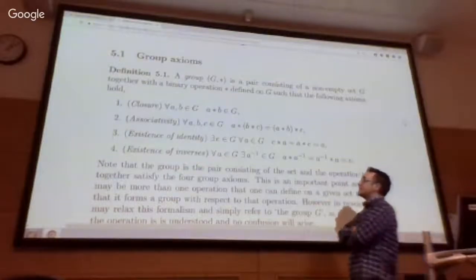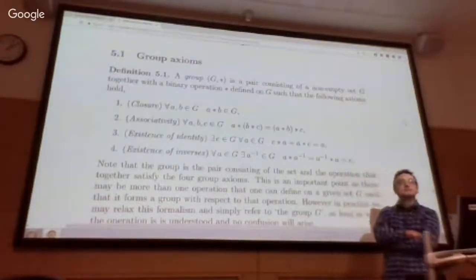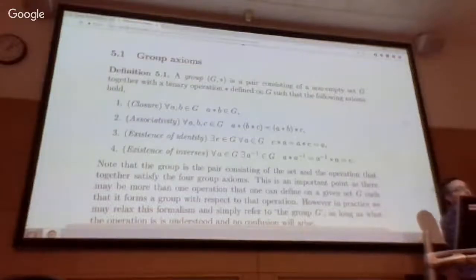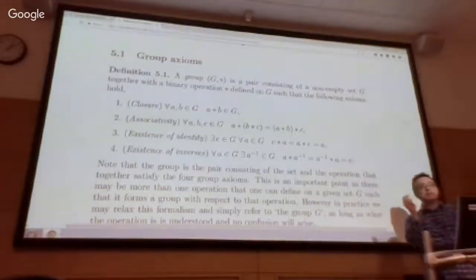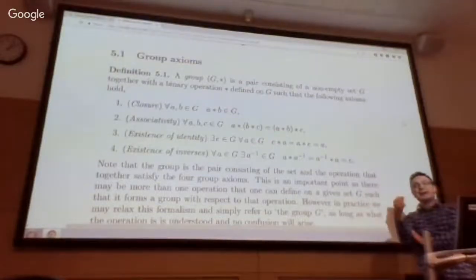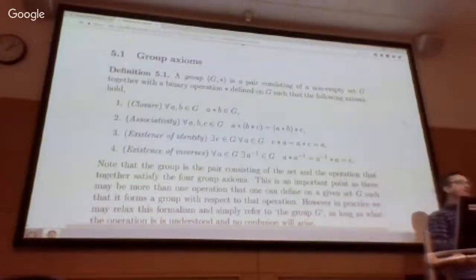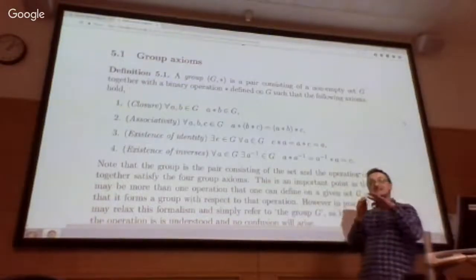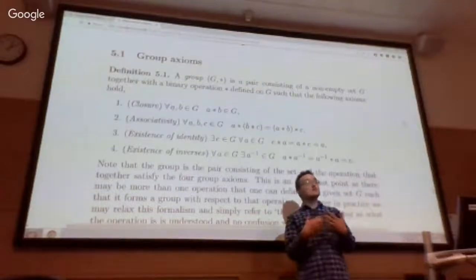But the product A star B is also in G. So that's saying that the set is closed under the operation. Whenever you take pairs of elements and operate on them using the operation, you again get an element from the set. You never hop outside of the set. So the set G contains all the products of its elements under the operation.